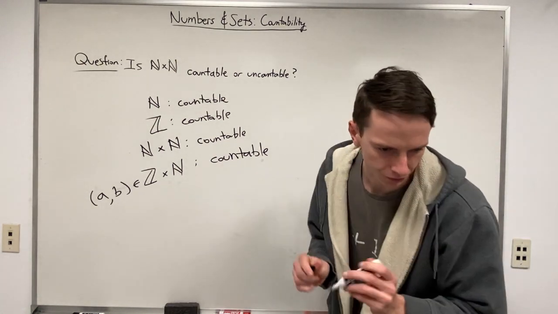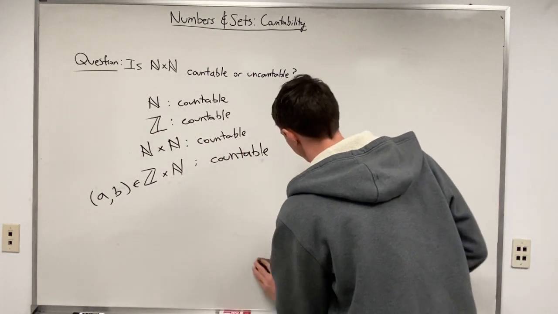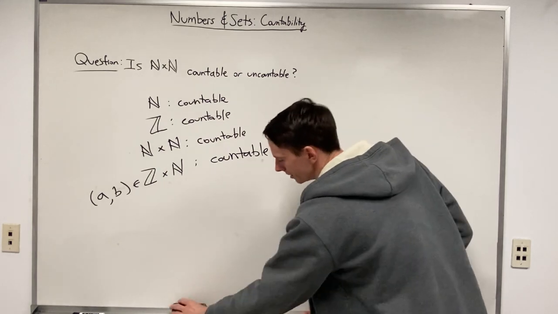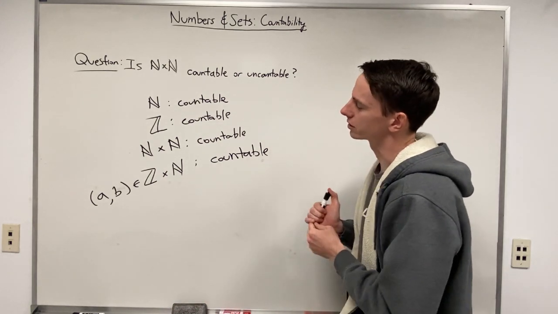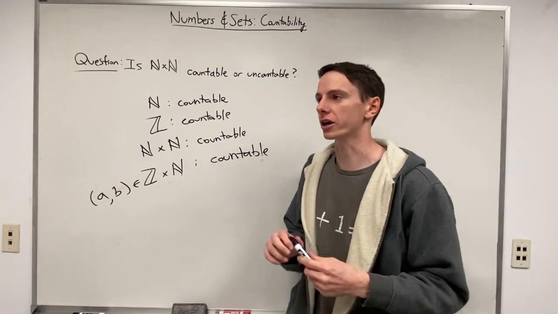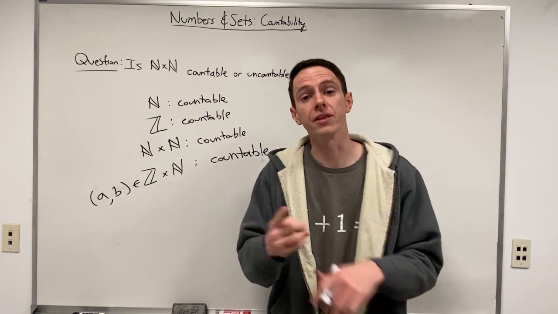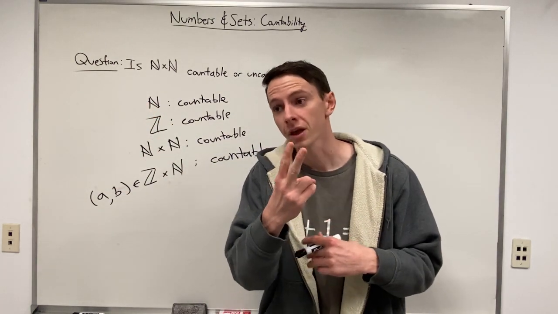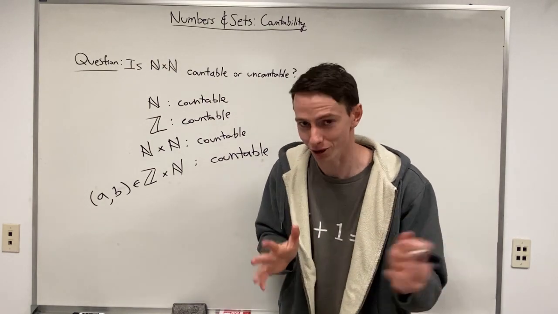And the reason simply is because, this was from a while back in the video series, when we were constructing various different number systems, we were talking about how we could construct the natural numbers from Peano's axioms, and then from there we could construct the integers, and from there we could construct the rationals, and this is where I'm headed.